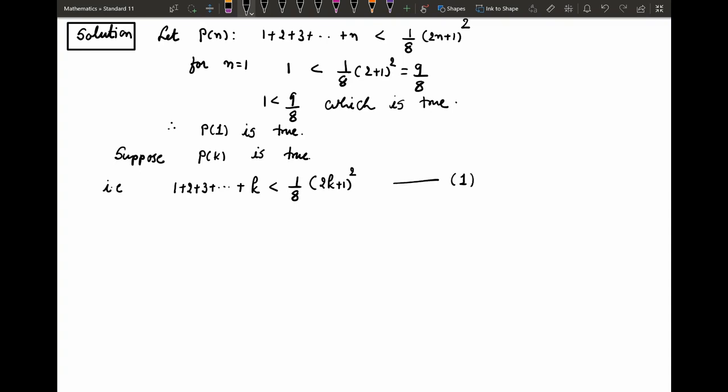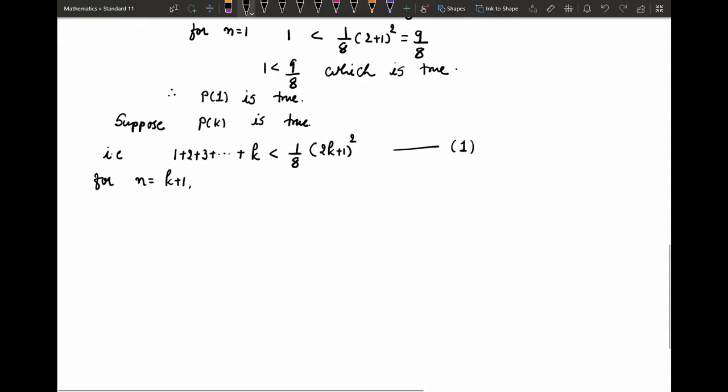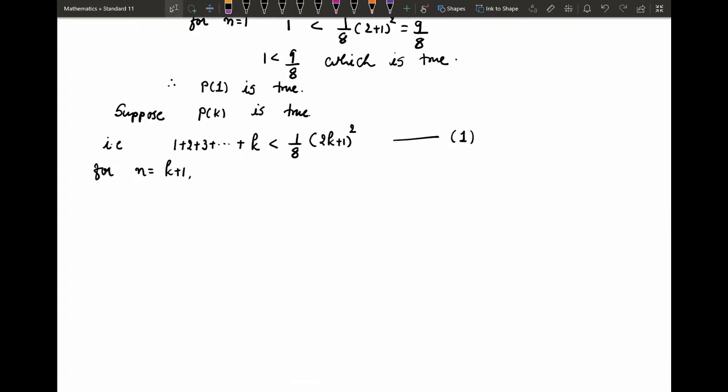Now we have to prove the result is true for n equal to k plus 1. For n equal to k plus 1, in the left hand side of the inequality, k plus 1 means the first k plus 1 terms. So the first k terms we write as it is, 1 plus 2 plus 3 up to k, and an additional k plus 1 term.